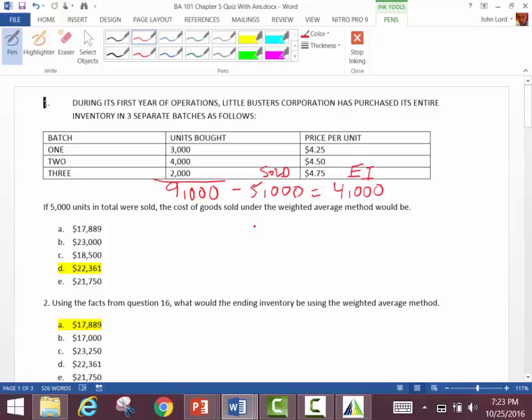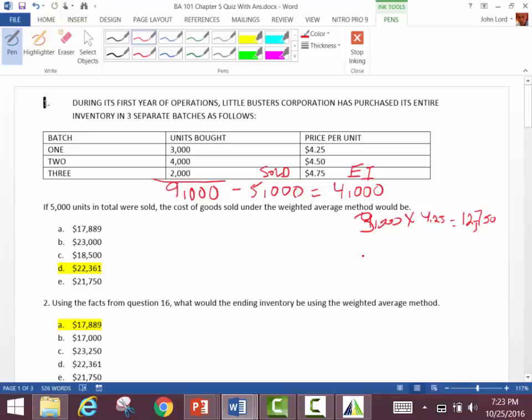425, good, times 3,000. I'm just going to write it all in here. 3,000 times 425 gives me what? 12,750. Okay, good. 12,750, right? Okay, good.